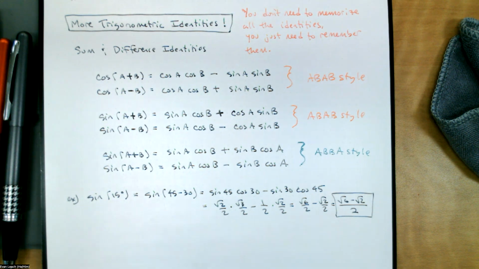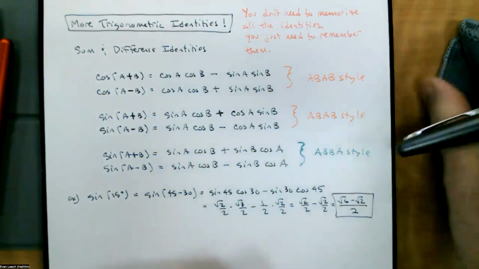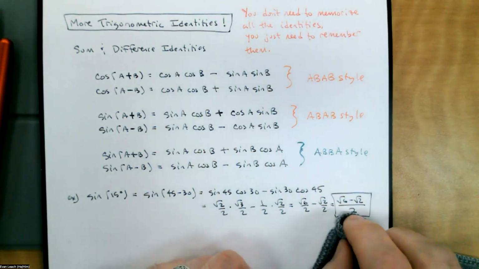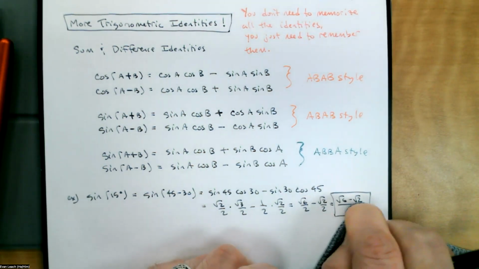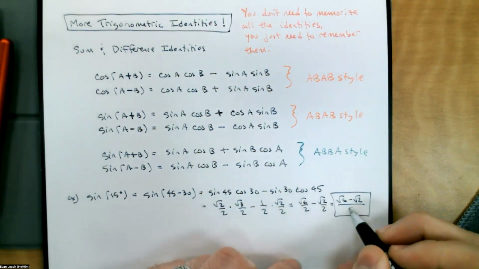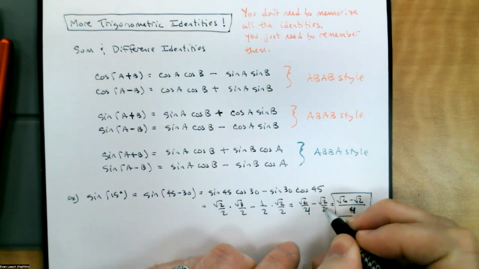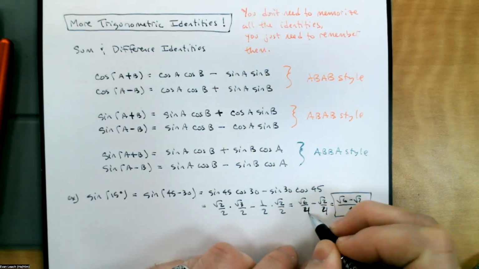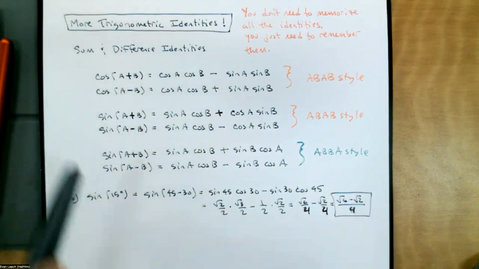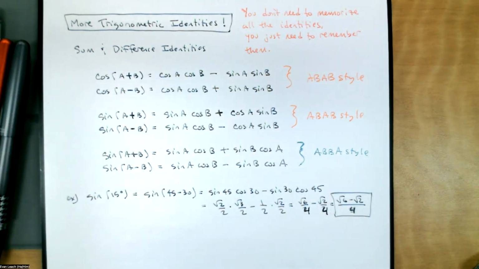Oh, it's not 2 in the denominator, it's a 4. 2 times 2 is not 2, right? These are 4s as well. I'll just make them fancy 4s.